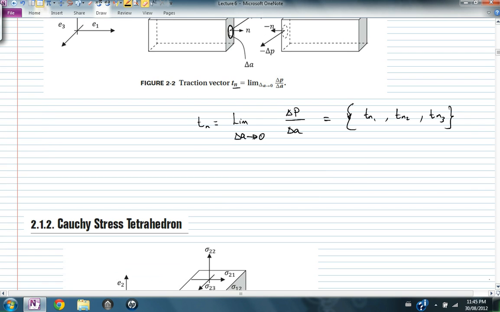The next thing we're going to present is the Cauchy stress tetrahedron, or the Cauchy stress matrix.